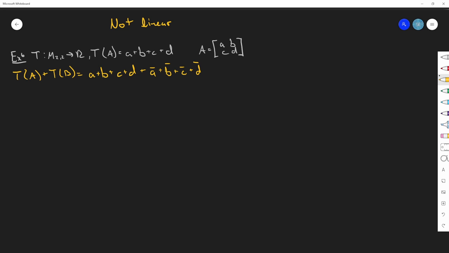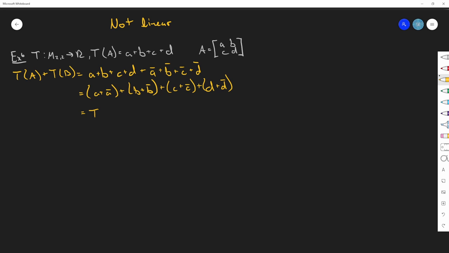We can quote unquote combine or group the like terms, even though they're not like. It'll be A plus A bar plus B plus B bar plus C plus C bar plus D plus D bar. And, oh, what do you know?